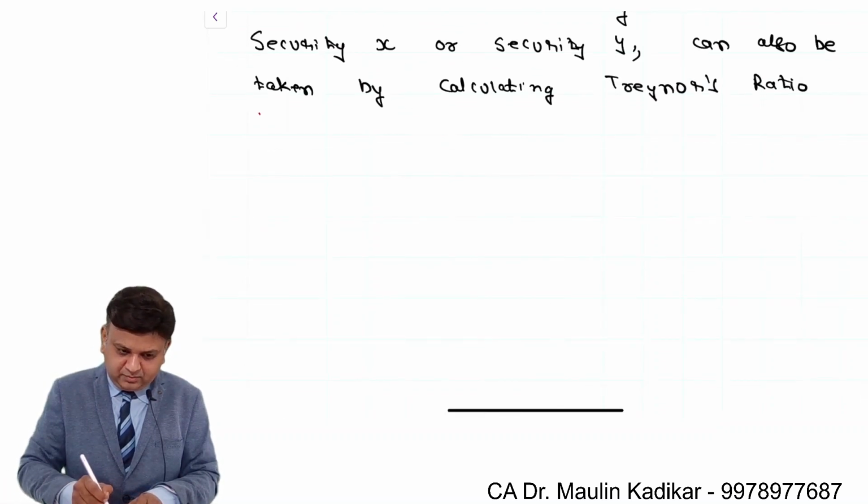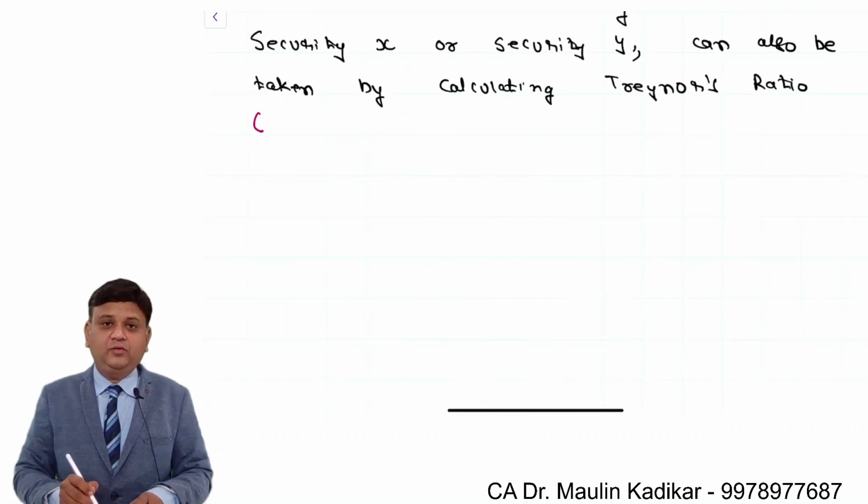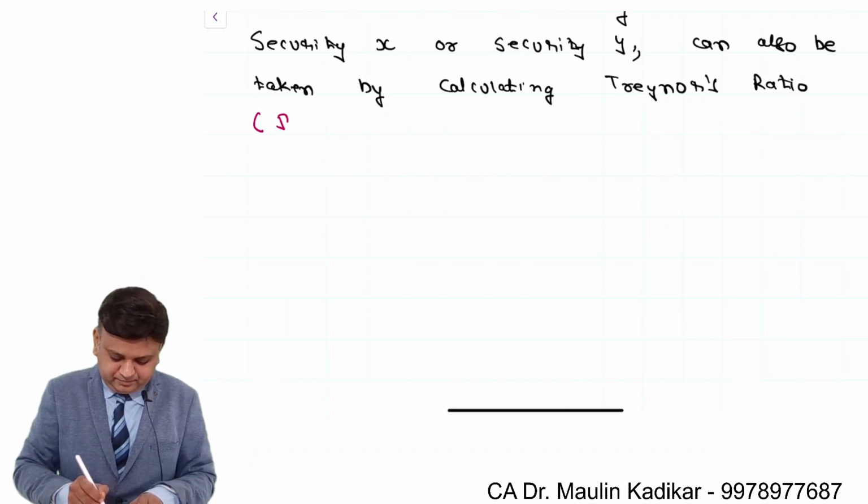In bracket write down reward to volatility ratio.